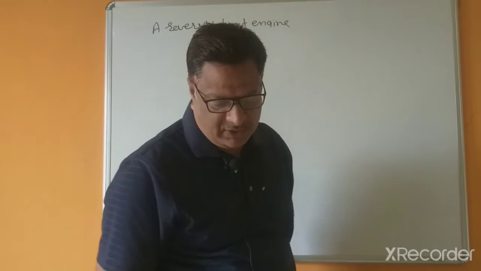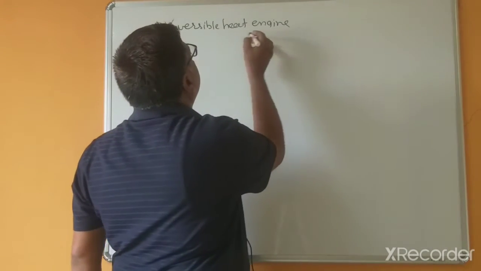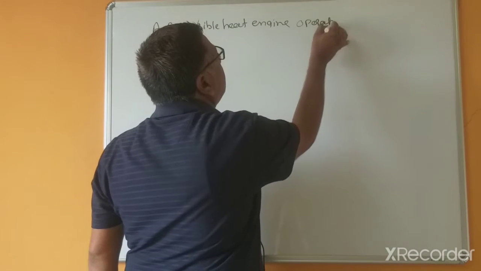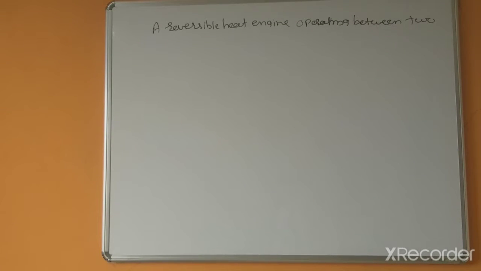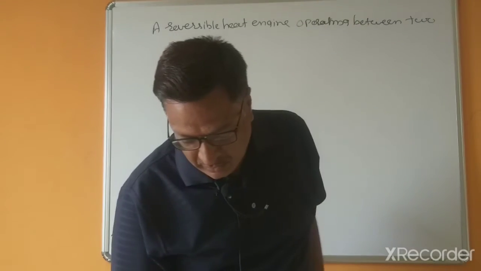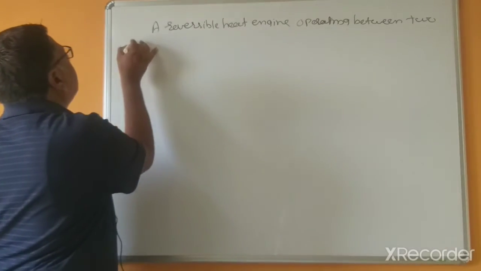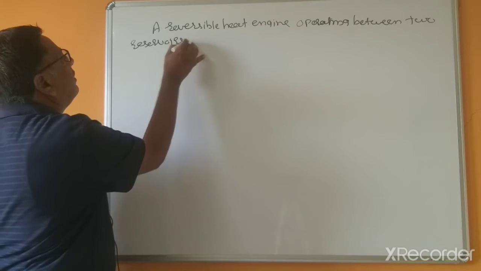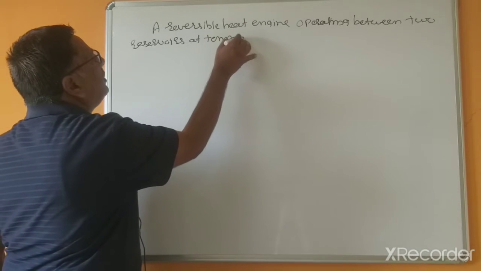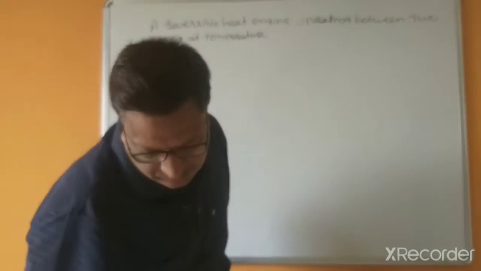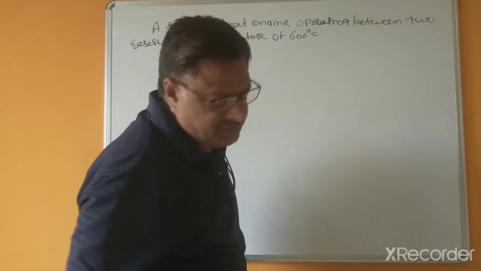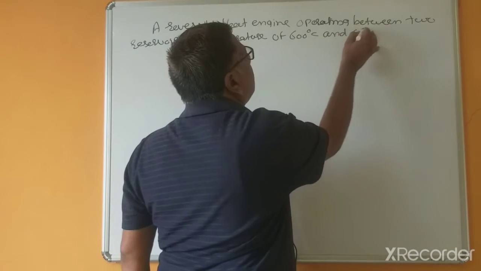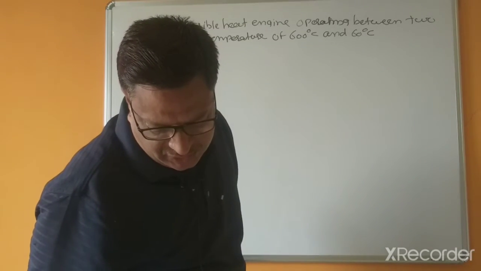A reversible heat engine operates between two reservoirs at temperatures of 600 degrees centigrade and 60 degrees centigrade.